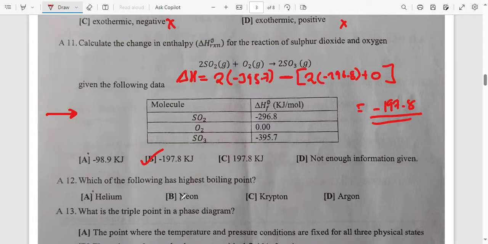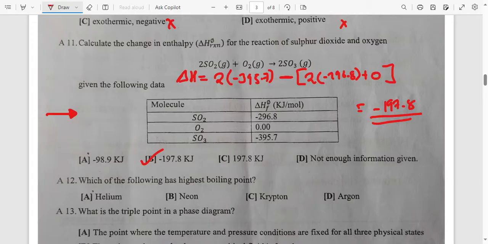Now we have been given all of these here. Are they halogens? Sorry, not halogens, but inert gases. So I want to look at inert gases, or what's the other name for inert gases? Okay.